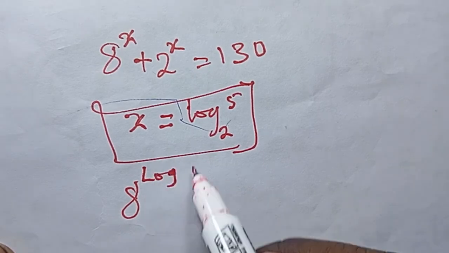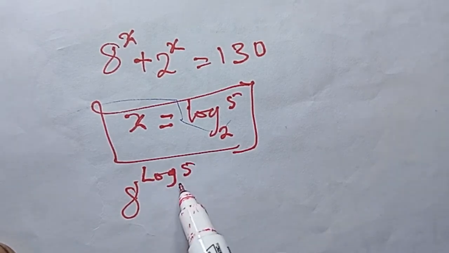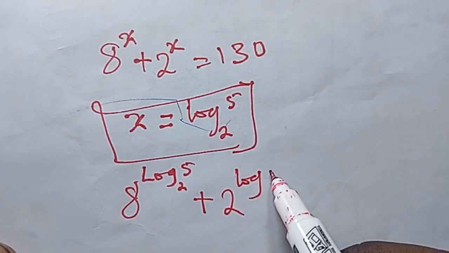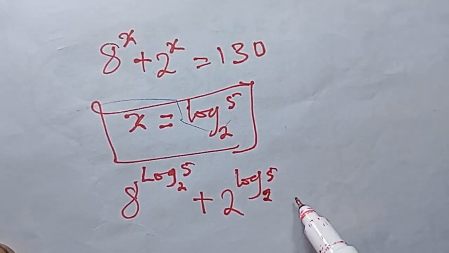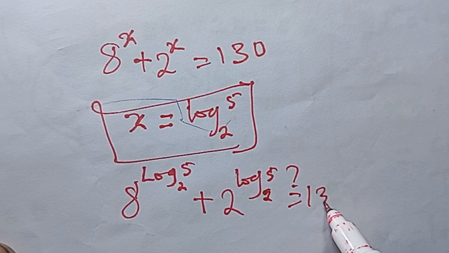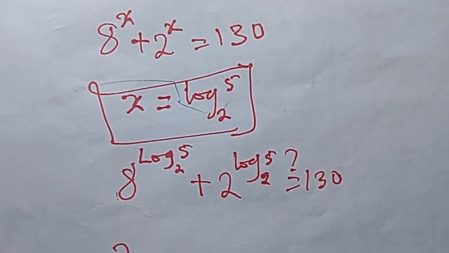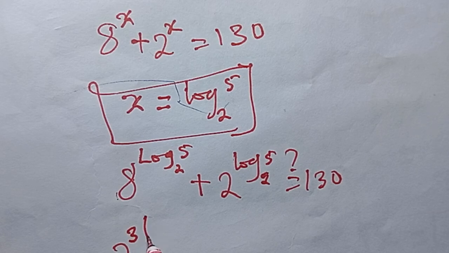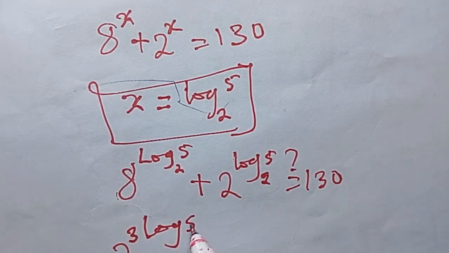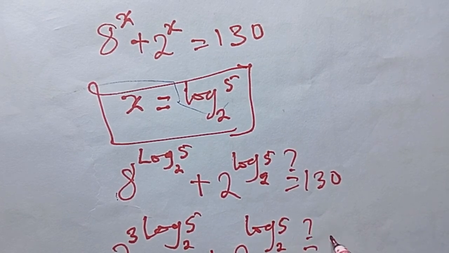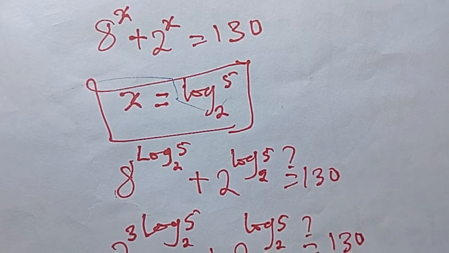So this is 8 power log 5 base 2, plus 2 power log 5 base 2. Will this be equal to 130? So moving on, I can write this 8 as 2 power 3, and then log 5 base 2, plus 2 power log 5 base 2. Will this be equal to 130?